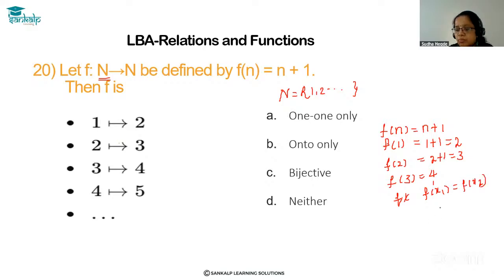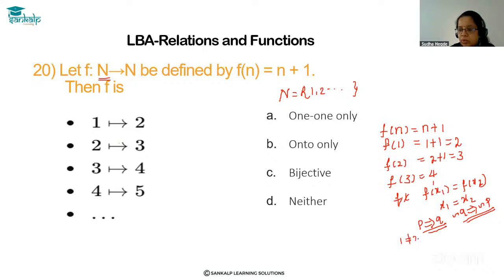Then you need to prove x1 is equal to x2. Contrapositive means suppose P implies Q, you need to prove not Q implies not P. This is the direct statement. This is the contrapositive statement.